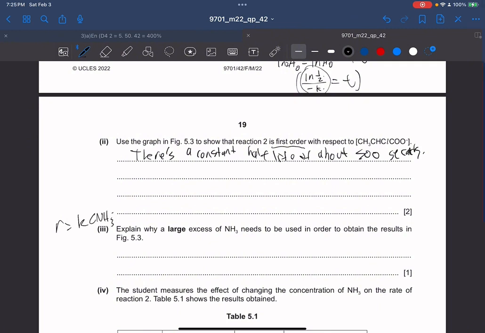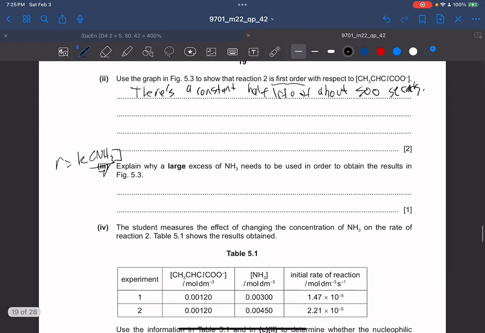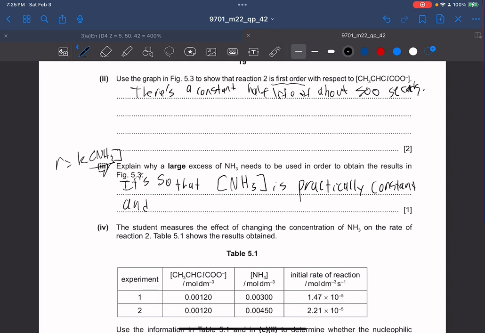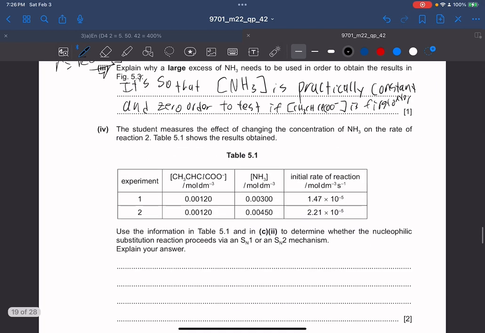So NH3 is practically constant, and zero order, to test if CH3CHClCO minus is first order. Okay, next question.